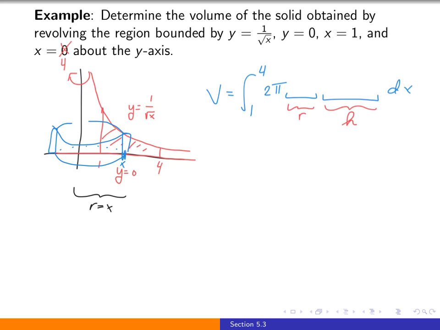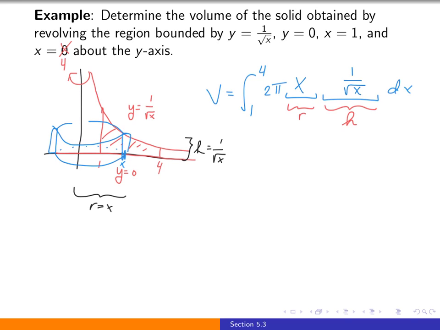So it's the distance x is from the y-axis. That distance is x. The height is determined by the height of the curve there. So it's 1 over root x.